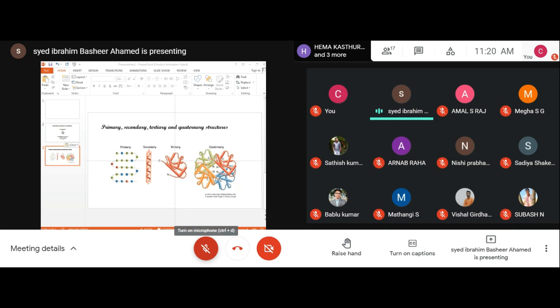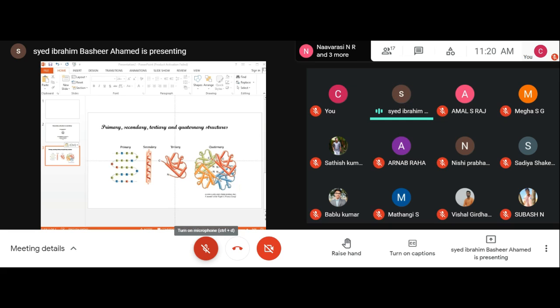Again, this information is buried in the primary structure. The primary structure dictates which amino acids are to be present in the hydrophobic core, and which are to be present on the surface of the protein. Again, this information comes from the primary structure only.